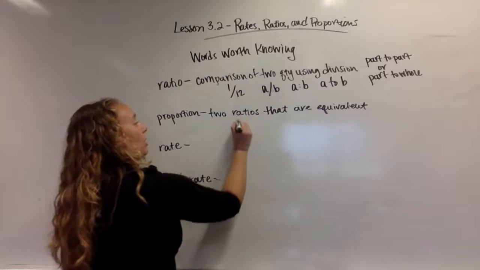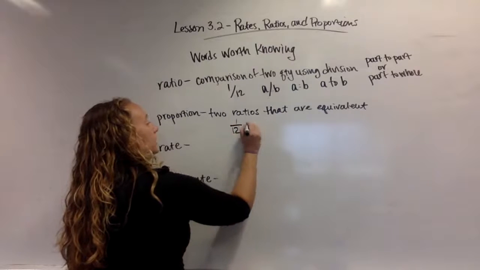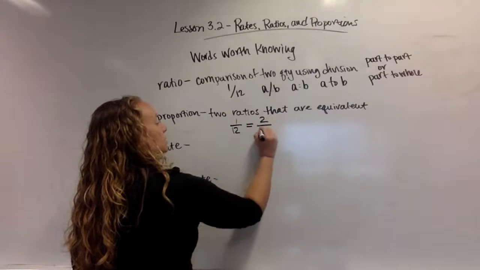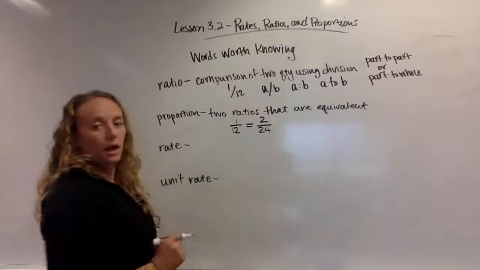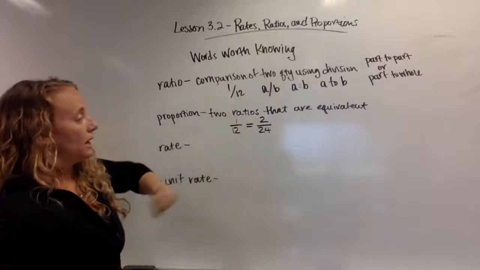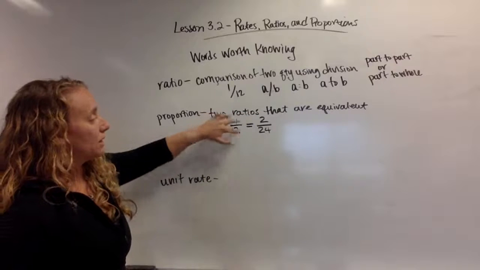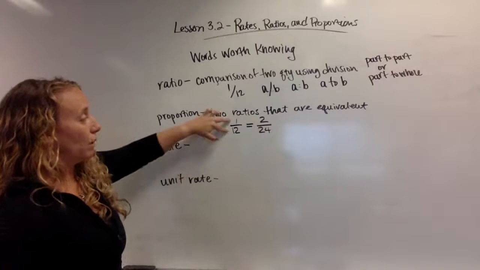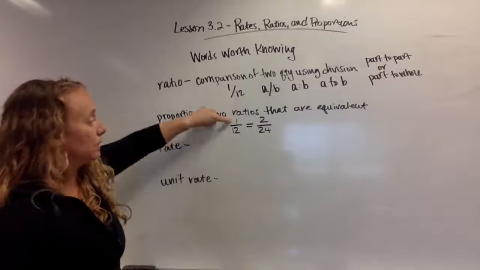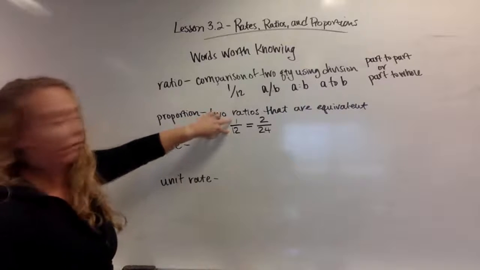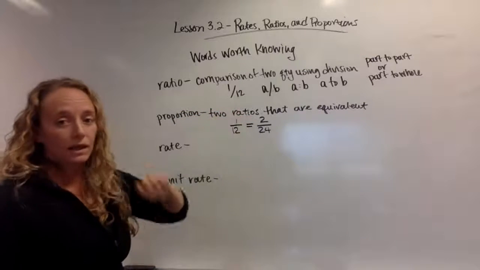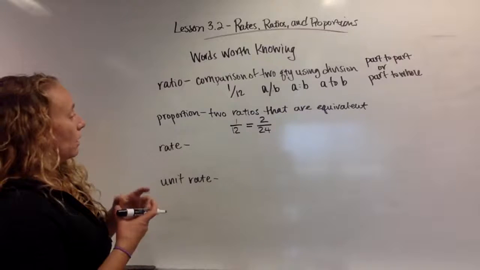So for example, 1/12 is equal to the same thing as 2/24. These 2 ratios, I can simplify this ratio to be 1/12. So these are equivalent. We can also say, well, I could just double this up and I can say times 2 times 2 and I get 2/24. They are equivalent. They are 2 ratios that are equivalent.